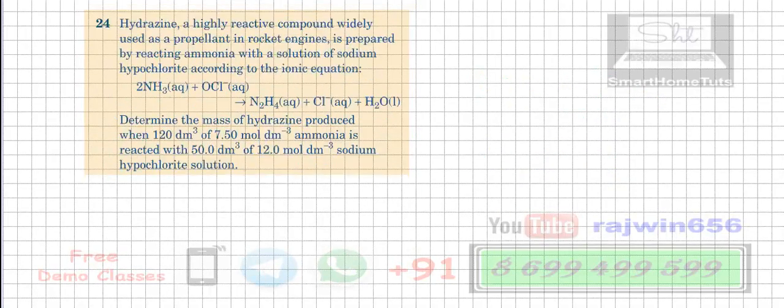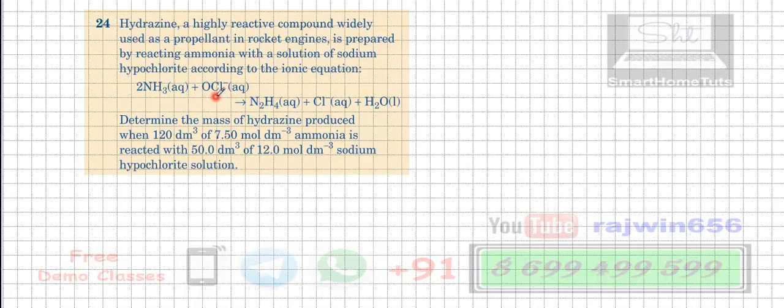So this 24th question is similar to this only, but here there is a factor of limiting reagents. Both of these are aqueous solutions. Sodium hypochlorite is basically OCl minus, NaOCl, that's the formula.